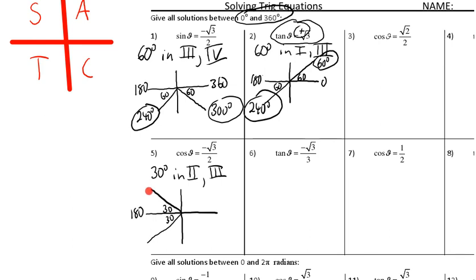How many degrees did I come from 0 if I stopped here? 120. You're warm, but I stopped 30 degrees before I got to 180. Oh, so 150. Right, 150. All right, and then my second answer is 30 degrees after 180. So how many degrees is that?